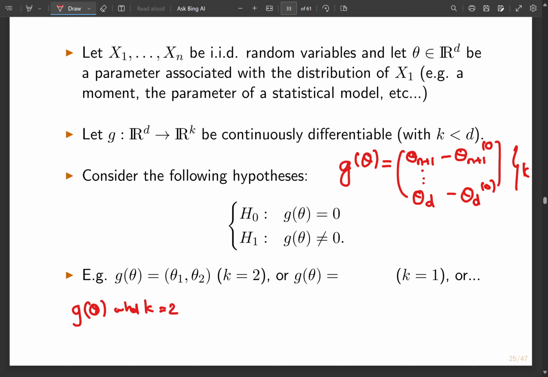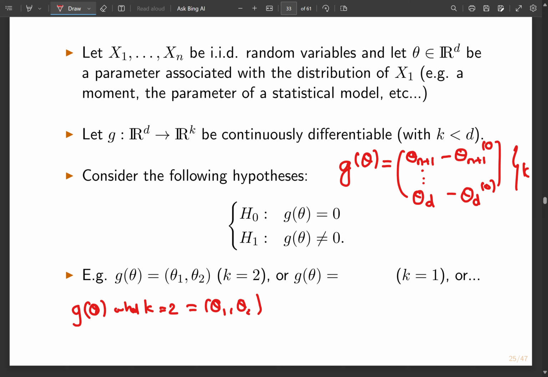We can ask whether theta 1 is equal to theta 2. We can ask whether the first two coordinates are equal to the two values produced by the g function of theta.